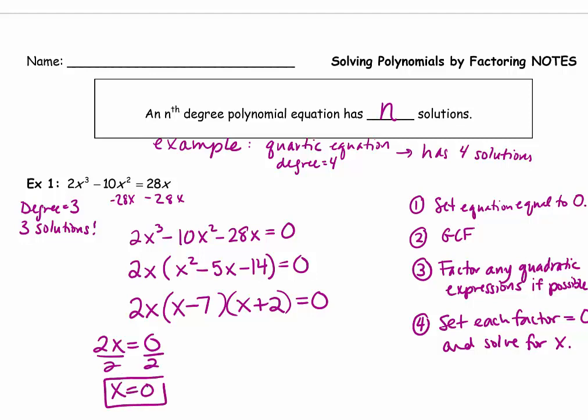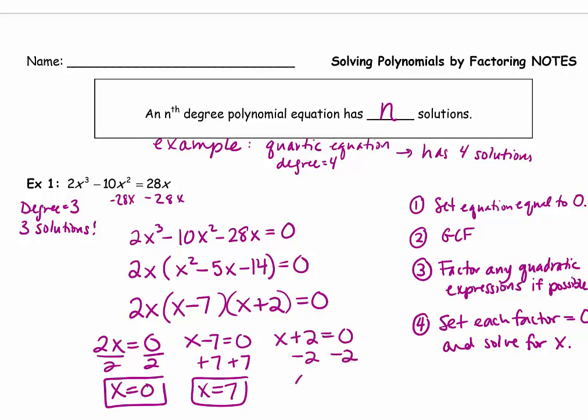So we have one solution so far of the 3 that we're looking for. Next, we have x minus 7 equals 0. I add 7 to both sides, and we get 7 for the second solution. And to finish it up, we'll set x plus 2 equal to 0, subtract 2 on both sides, and the third and final solution is x equals negative 2.